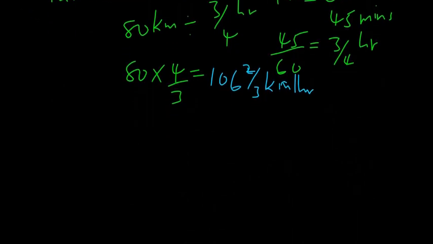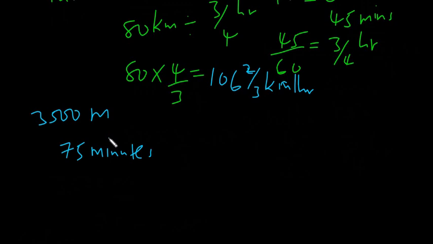Alright, let's look at another example. If we have a cyclist who covered a distance of 3,500 meters, let me this time round use meters, in 75 minutes. What will be the speed of this cyclist in kilometers per hour?